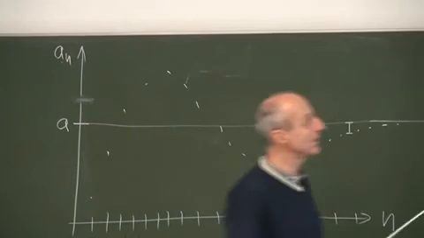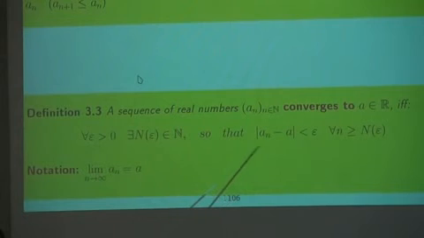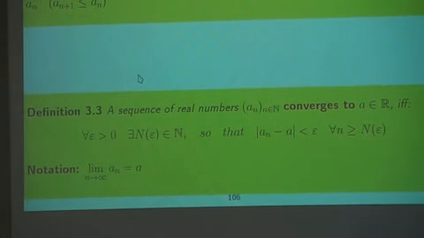That's why we have the absolute value of the difference a_n minus A. So this is really obvious. And here we say this absolute value is smaller than some epsilon.